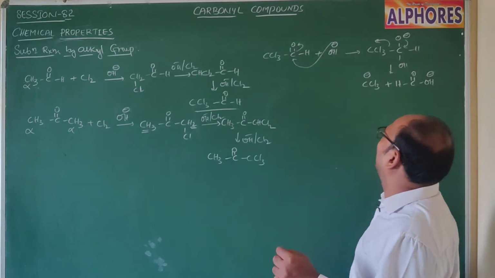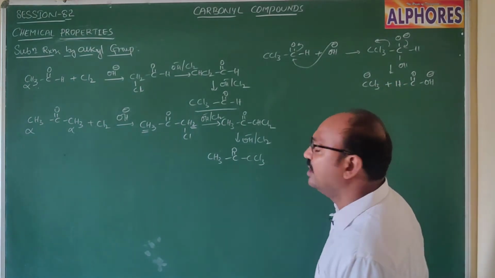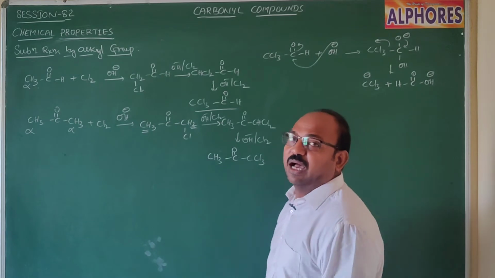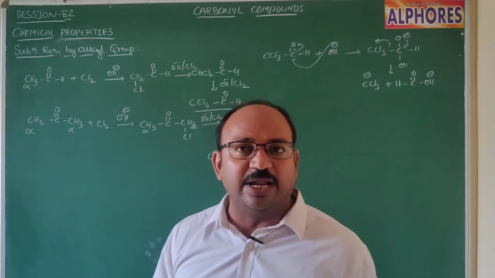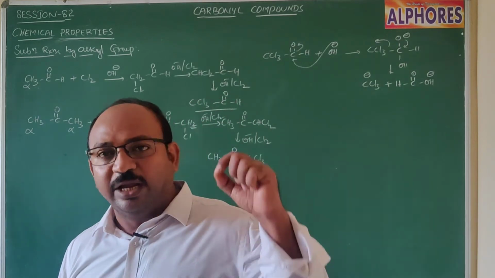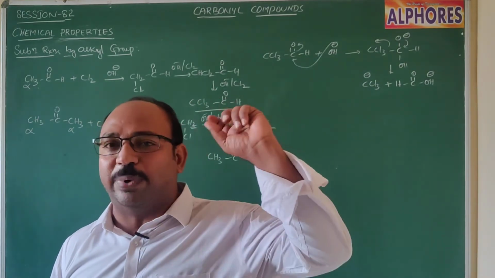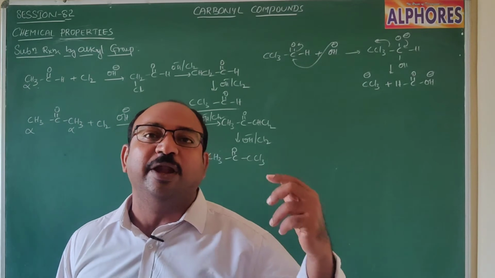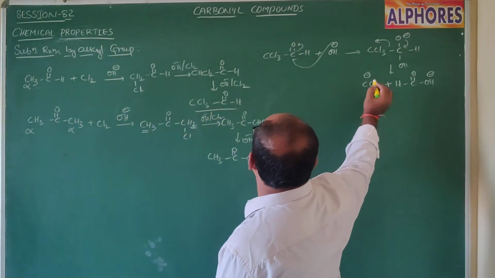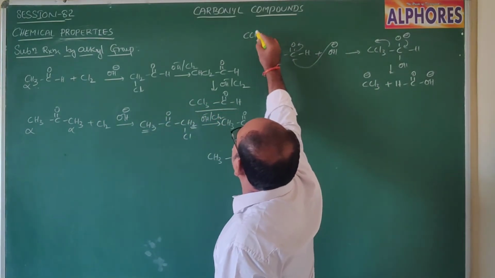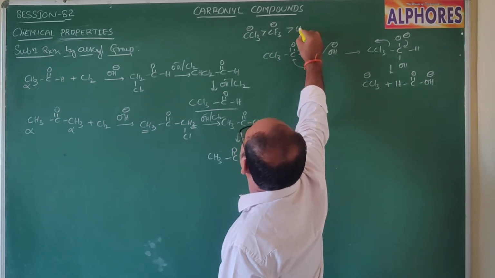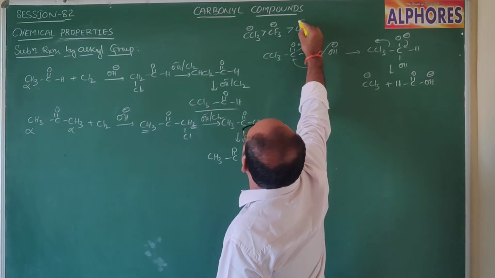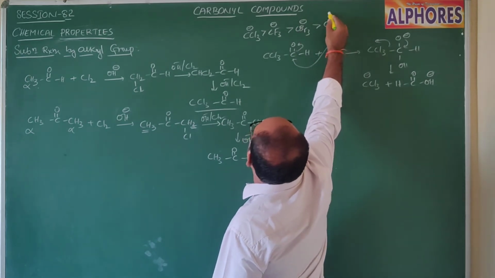This CCl3 minus is stable because of three chlorine atoms here, and all three chlorine atoms are strong electron withdrawing groups. Not only because of that reason, the carbon containing the negative charge is involved in resonance, meaning involved in pi bond formation with chlorine d orbitals. That's why you should remember the order of stability: CCl3 minus is greater than CF3 minus, is greater than CBr3 minus, is greater than CI3 minus.